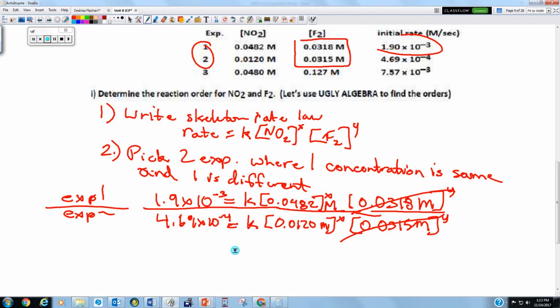What's the same top and bottom? K. We're solving for the x, so the exponent there is different, so we're not going to be able to cancel that. So now all you have to do is take 1.9 times 10 to the negative third, divide it by 4.69 times 10 to the negative fourth, and what do you get?